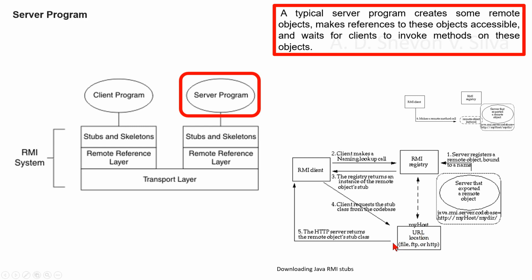Then the HTTP server returns the remote object stub class to the client, and finally the RMI client makes a remote method call to the remote object instance here.